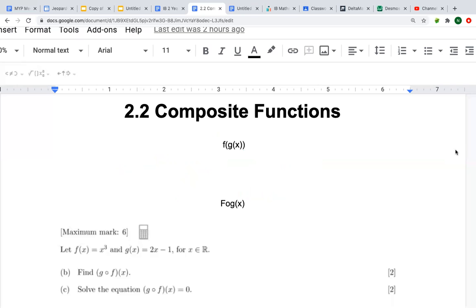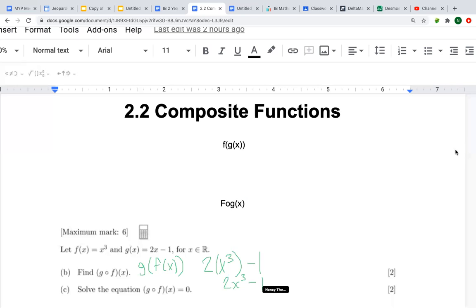This would be the same thing as g of f of x, which means I'm putting in the equation of f of x into g of x everywhere I see an x. So I would rewrite g of x, and then instead of the x, I have x cubed minus 1. Just continue the function like normal. To simplify this, you really don't have to, but it's 2 times x cubed minus 1.